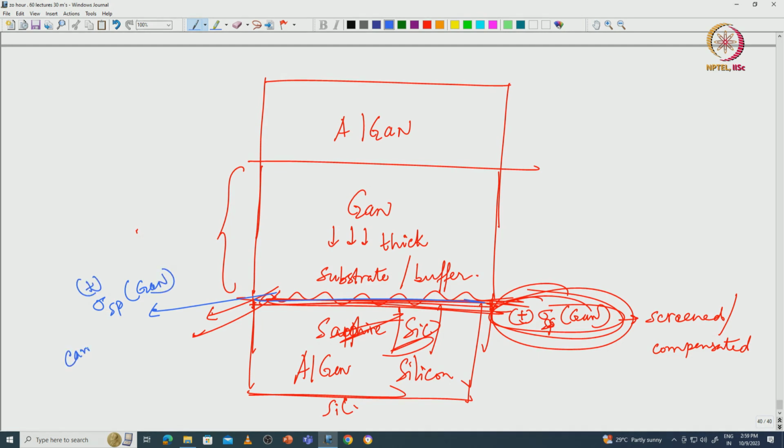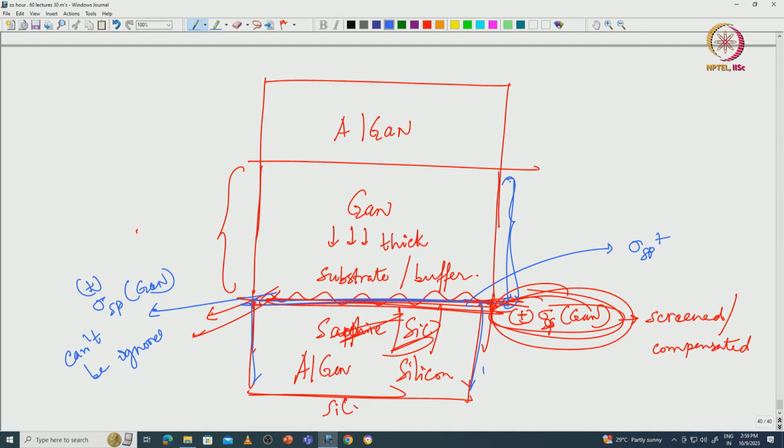If that layer is also very thick, eventually it may get screened out, but in general we are talking about just AlGaN/GaN. So in all practical purposes this bottom polarization sigma sp, which is positive, can be ignored.